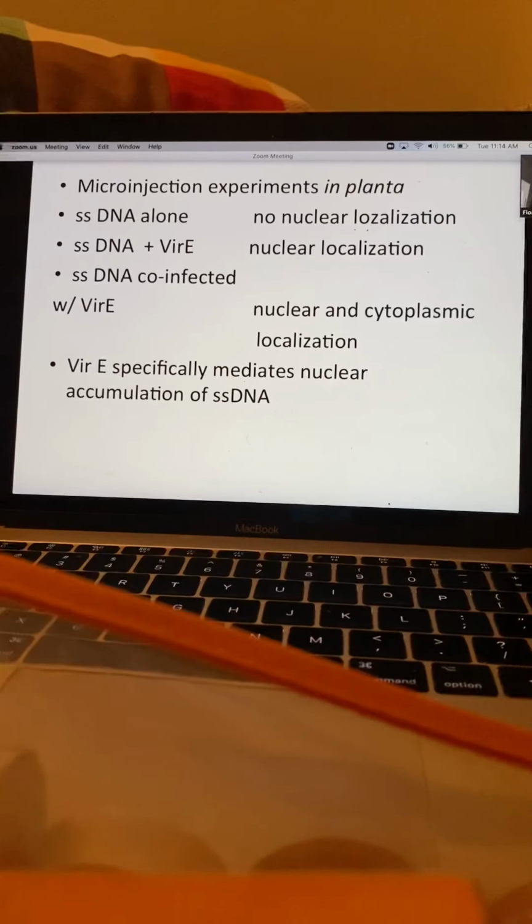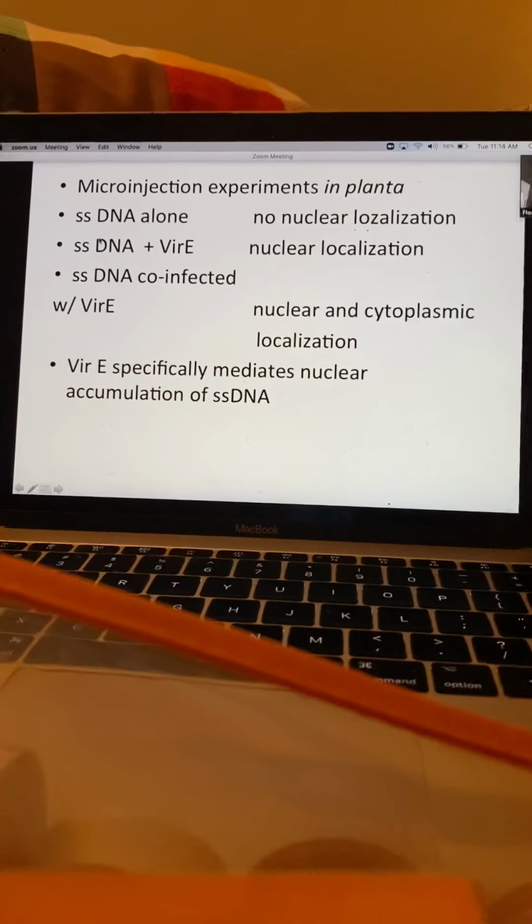A lot of other experiments were done to understand the role of VirE, because at one point, as I mentioned, it was very controversial. They didn't know if it was playing a role with the tDNA complex in transport across the type 4 secretion apparatus. But if you have the single-stranded tDNA alone, there's no nuclear localization.